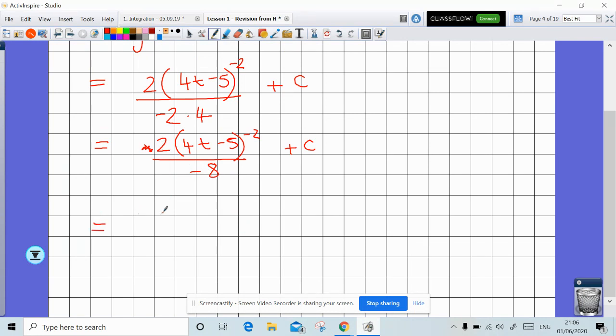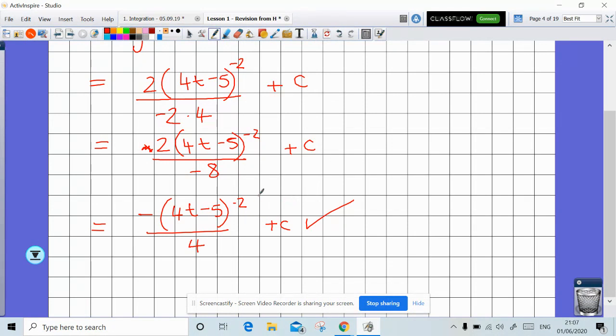There are different ways that you can do this. You can keep that as negative a quarter, and you can bring this bracket back down to the bottom if you want, so it's a positive power. It doesn't actually matter, as long as you simplify that to negative a quarter. I'm just going to keep that bracket up the top, just like that. There you go, and that's how you do that one.